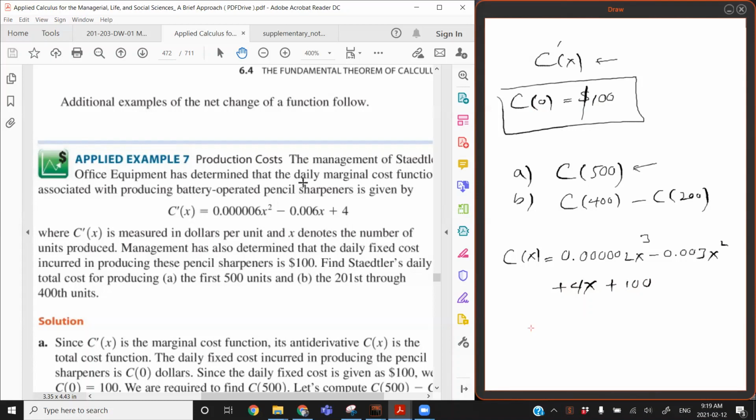For part B, you would have to calculate this integral from 200 to 400 of C prime of x dx, because that will be C of 400 minus C of 200. That's the cost of producing the 201st through 400th unit. And that is also not very difficult because it's a polynomial.